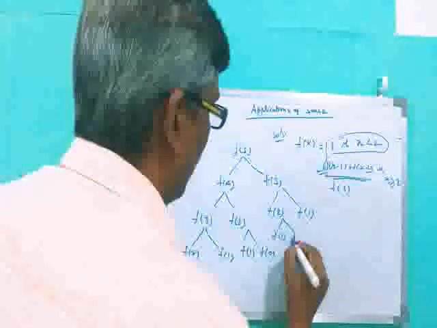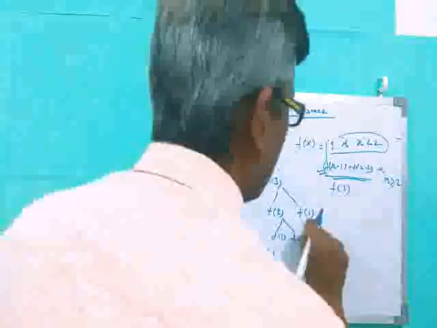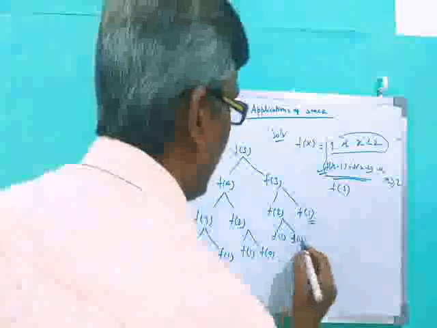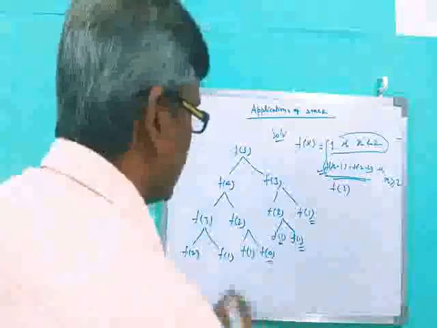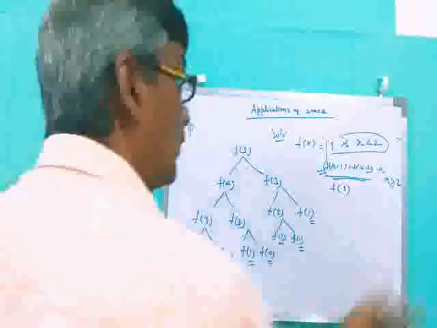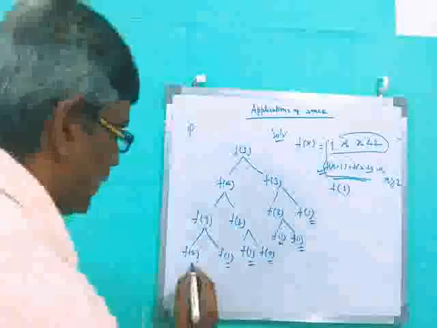F1 and f0 are values less than 2, so it will stop. These will all stop, because they meet the stopping condition.